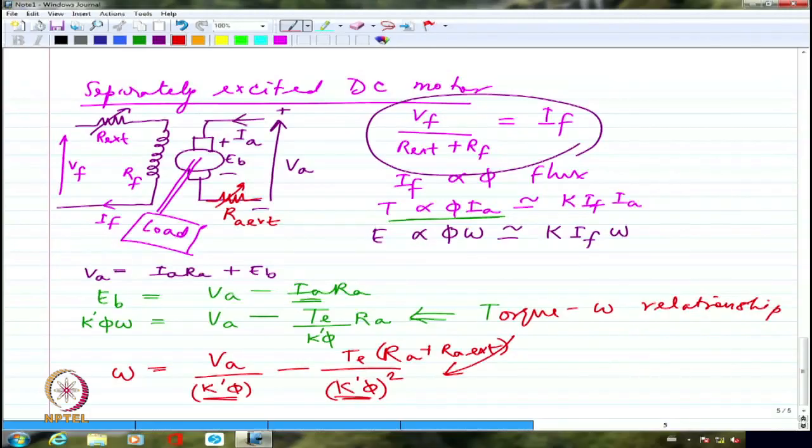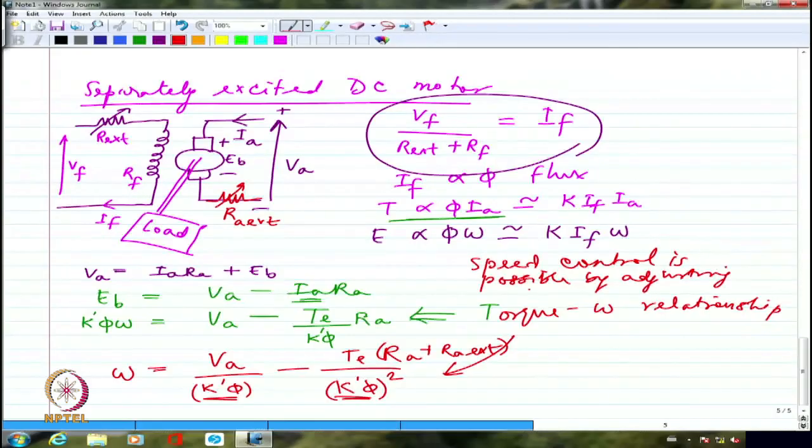So this tells me basically I will be able to adjust the speed by adjusting the external armature resistance. Internal resistance, I can't do a thing. It is set in stone. So I can include an external resistance to bring down the speed. That is possible, because it will only bring down the speed at a given torque value. So this tells me that speed control is possible by adjusting armature external resistance.